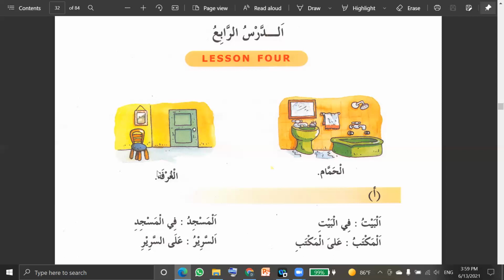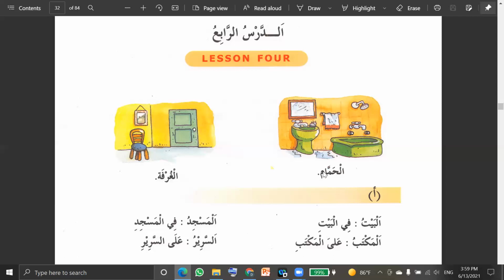If it's not written over here, originally all ism have either one dhamma or two dhamma. When they are used in a sentence, then their role in the sentence determines whether it's a dhamma, fatha or kasra. So the role a word plays in the sentence changes its irab. But originally all words are rafa in status, with dhamma.